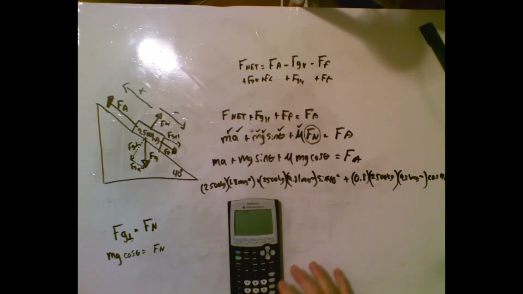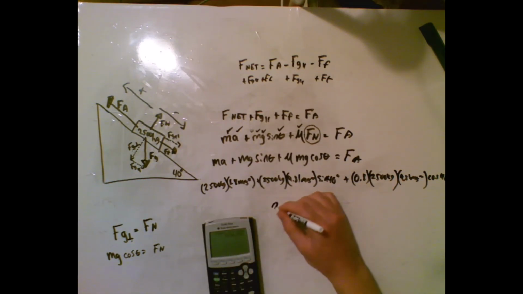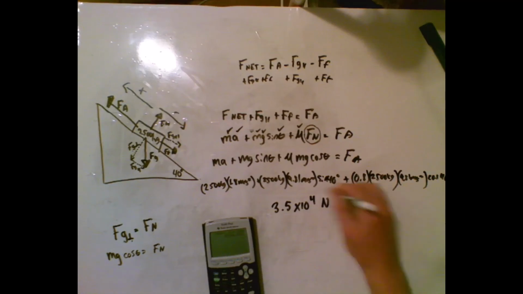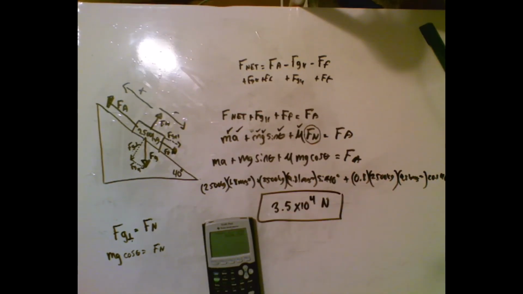So 2,500 times 1.8, plus 2,500 times 9.81 times sine of 40, plus 0.8 times 2,500 times 9.81 times cos of 40, and we get our force applied is 3.5 times 10 to the 4 newtons, to 2 sig digs, as our final answer.